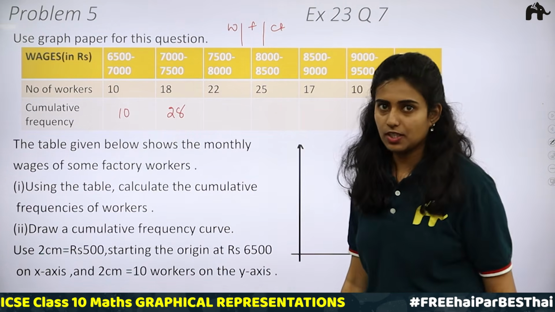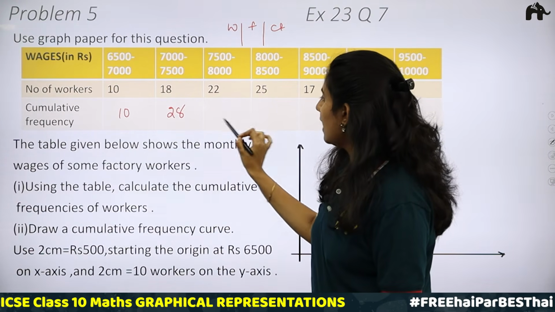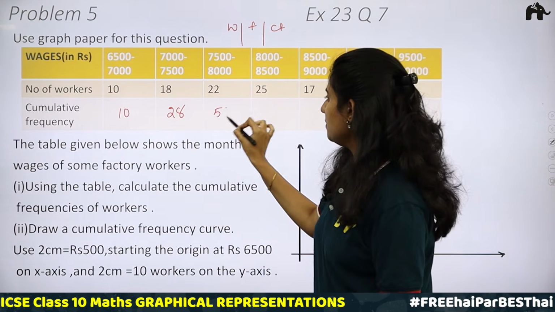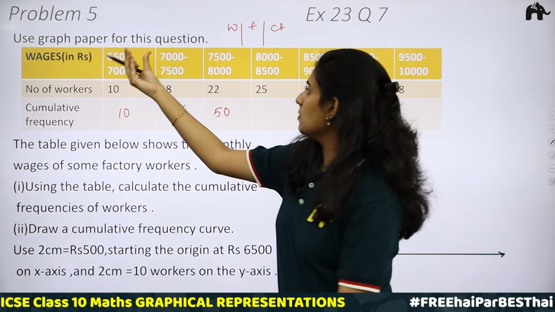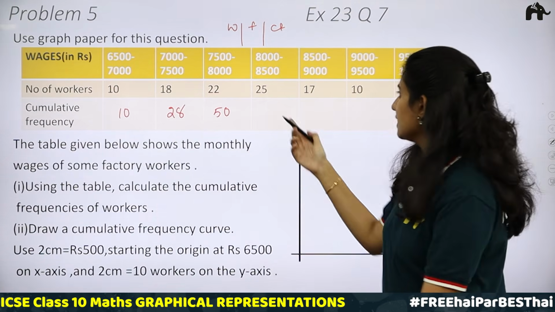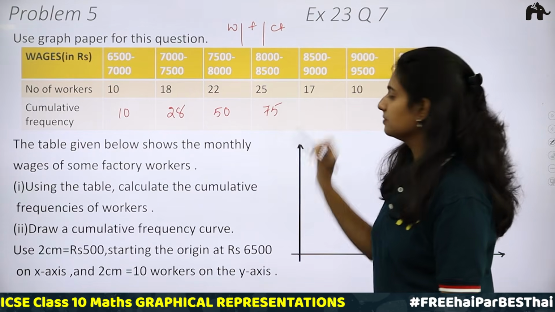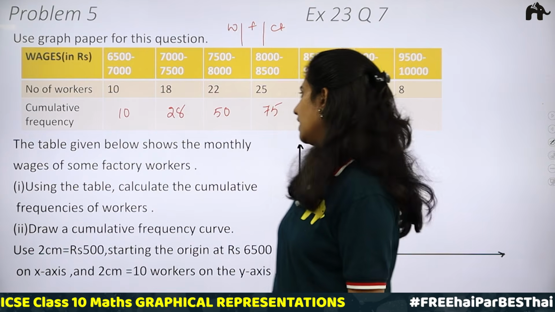Next, to get the value here, we add this 28 and 22, which is 50. That is, the values will be less than 8,000, more than 6,500. Next value, 50 plus 25, 75. Less than 8,500, more than 6,500.